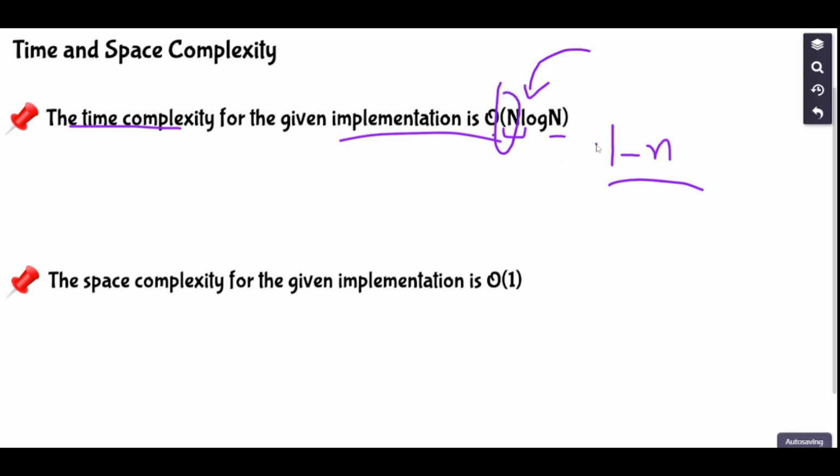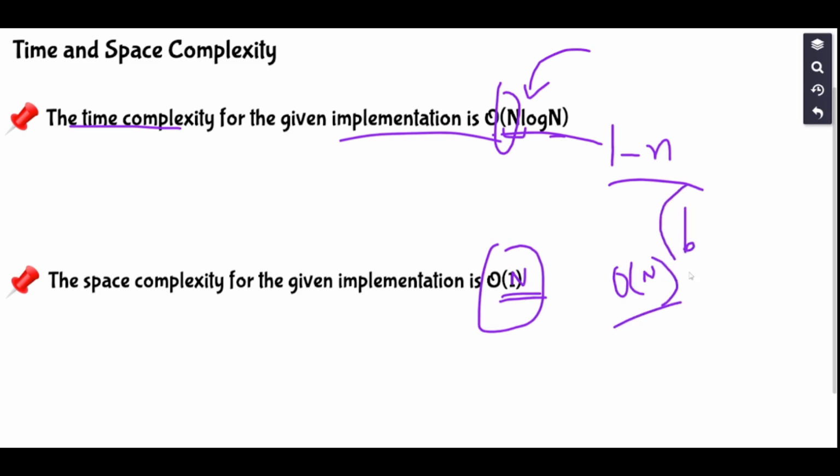So n log n is the overall time complexity, while the space complexity used is also big O of n. It's not constant, it's big O of n, because I'm using an auxiliary array B which I am building over the array A to store the prefix sums. Fine, now that's all.